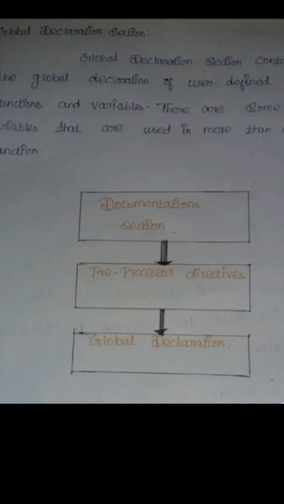Local declaration is declared inside a function such as main. In global declaration, there are some variables that are used in more than one function. See the flowchart of documentation section, preprocessor directives and global declaration.